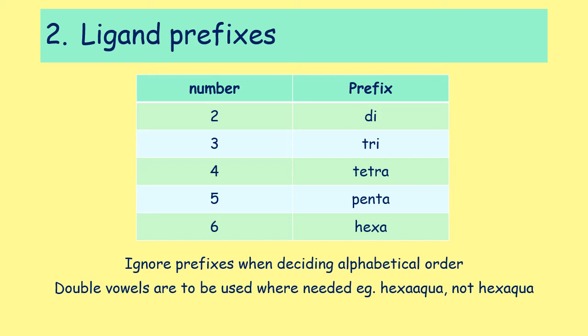So if we have more than one of a type of ligand within it, we need to denote that. And what we do is we add a prefix in front of the name of the ligand. So 2 is di, 3 is tri, 4 is tetra, 5 is penta, and 6 is hexa. Now what you need to notice here is 2 is di inside a complex.